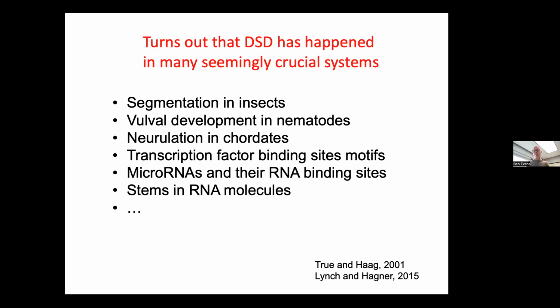And this is important because it influences the degree to which we can extrapolate findings from a model organism to ourselves. If, for example, a biological phenomenon is operating in a model organism, but there's been developmental systems drift between the divergence of that organism and humans, then that same process may not actually be relevant to humans. And so we see, again, there are a lot of examples of developmental systems drift.